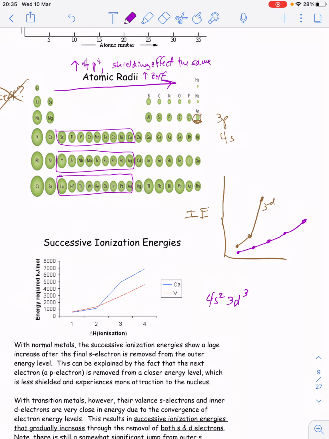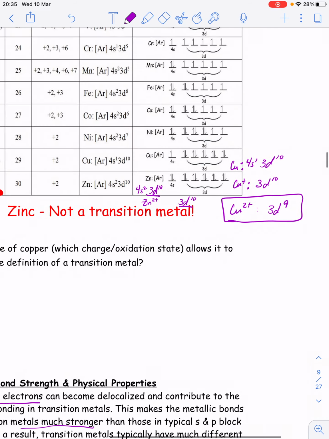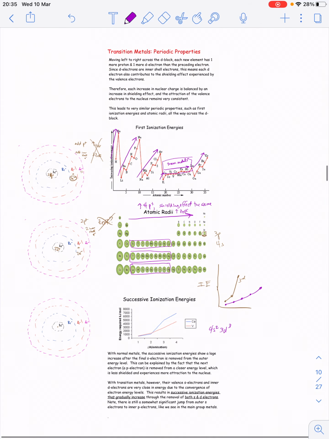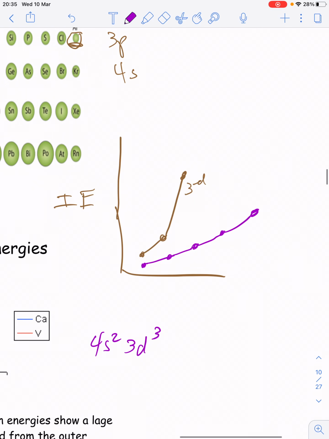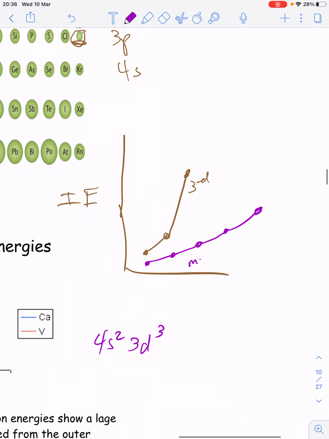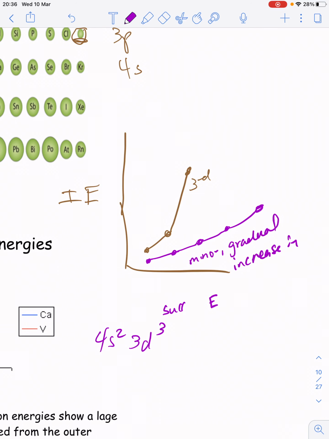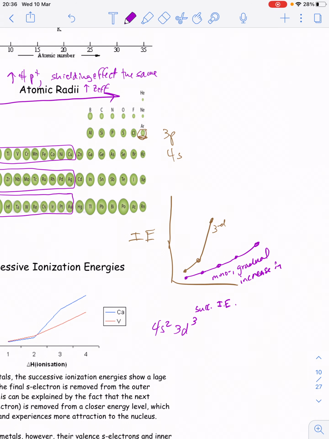So with the transition metals, there's a very minor, gradual increase in energy of successive ionization energies, which is quite distinct from the s and p block metals.